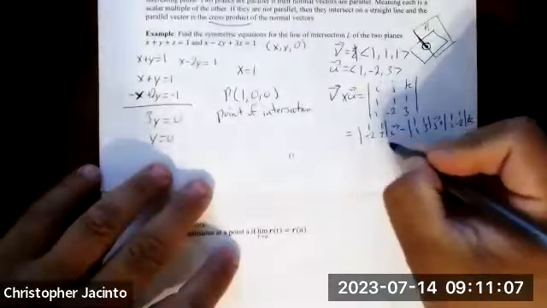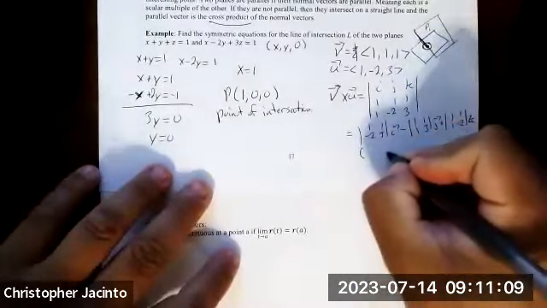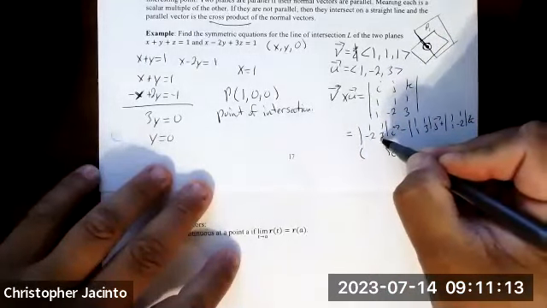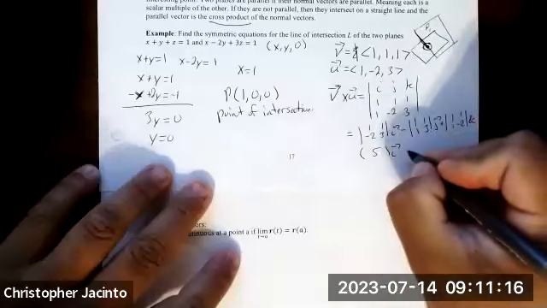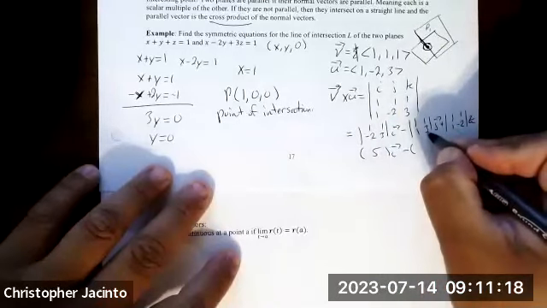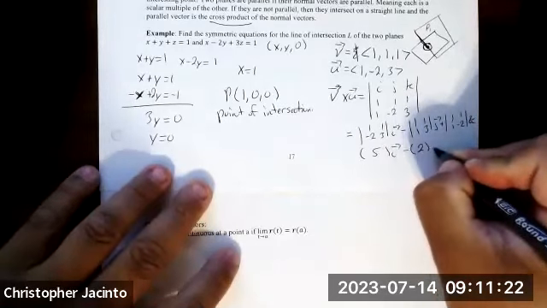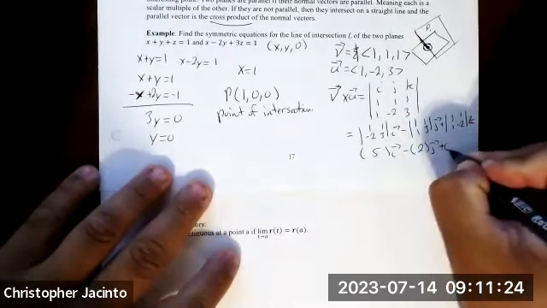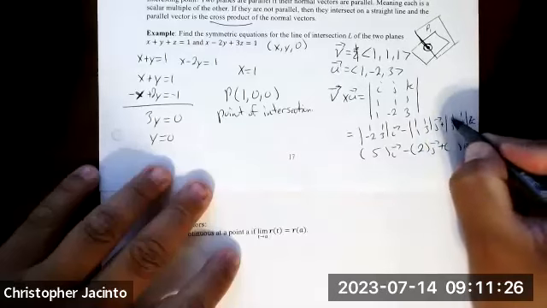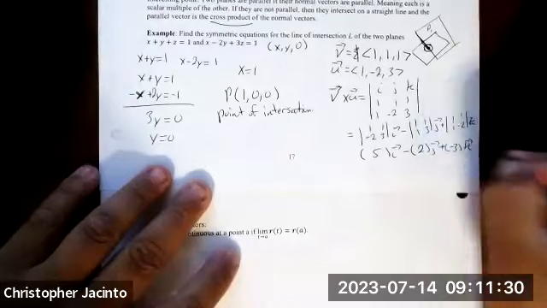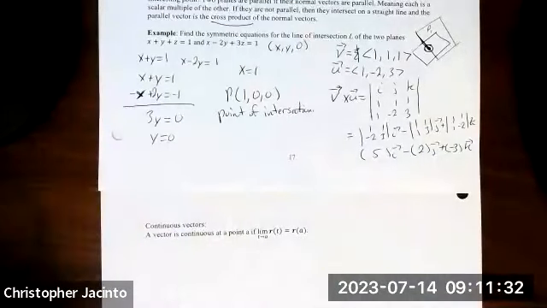Okay, so this is going to give me 3 plus 2 is 5. 3 minus 1 is 2. And then finally, -2 minus 1 is -3. So there's my vector.